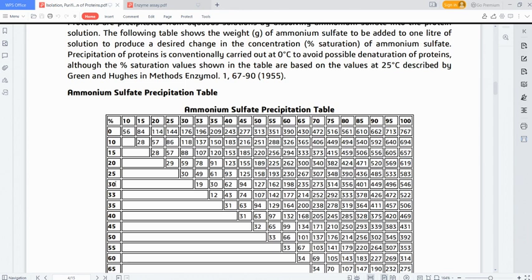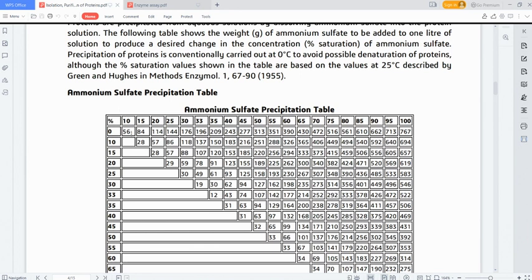Now, supposing you have done, say, 30% ammonium sulfate precipitation before, but you want to increase it to say 60% ammonium sulfate precipitation. Are we following? You want to increase now to know what happens at 50%. Some people get say 100 mils of the protein solution.